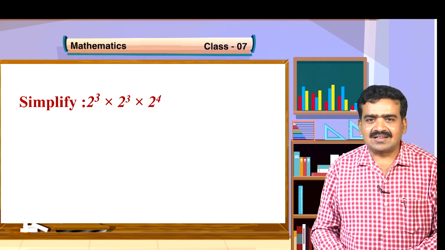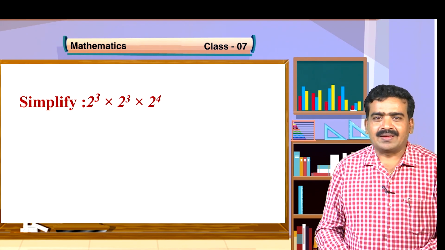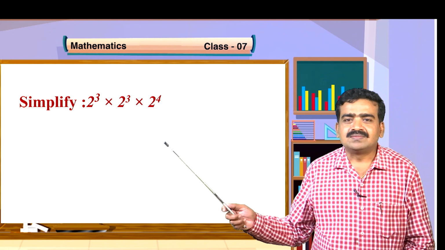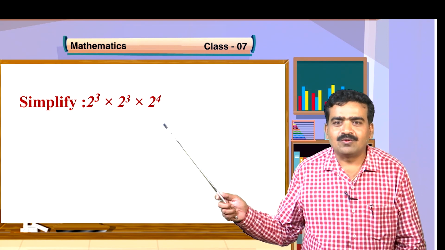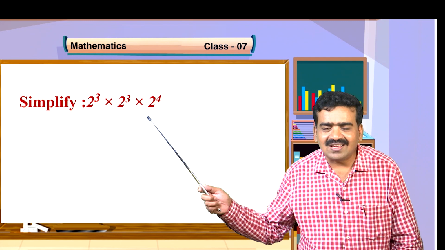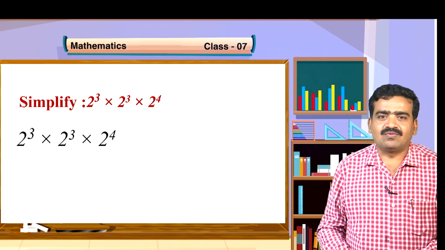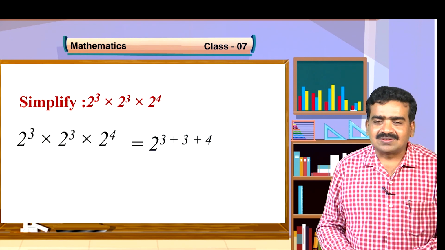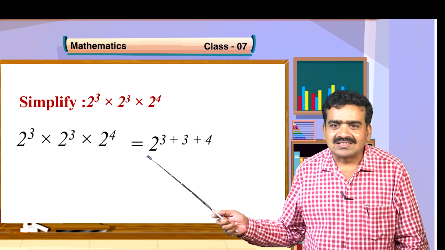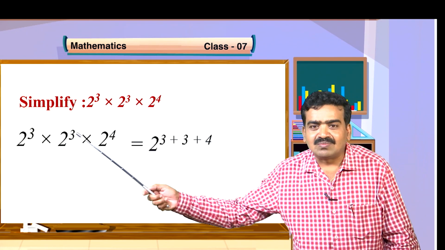Let us take another example. Simplify 2 cube into 2 cube into 2 to the power of 4. Here also there are 3 exponents having the same base with different exponents. What do we have to do here? Here also we have to write the base as it is, and we have to find the sum of the exponents.